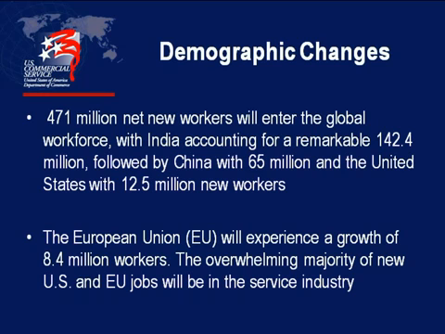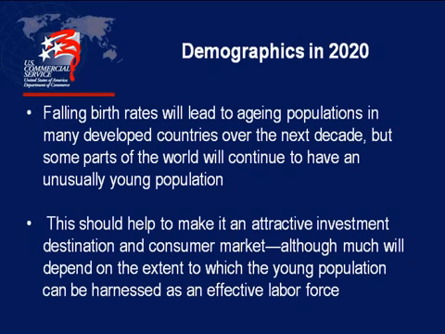The European Union is experiencing very slow growth, so the job markets in those countries are not very good because the population is not growing as fast as in other countries. So falling birth rates and aging population are also factors you need to be aware of in terms of selecting the market.